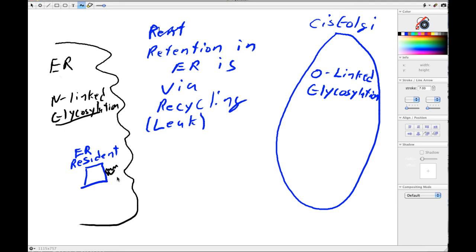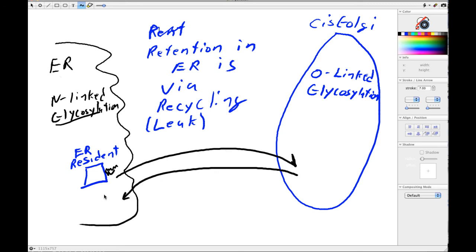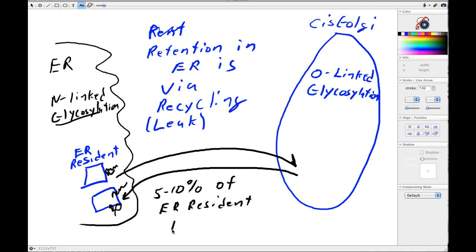But because these proteins can escape and then come back, there's a small percentage that will have N and O linked glycosylation. So somewhere between 5 to 10% of ER resident proteins will have O-linked glycosylation.